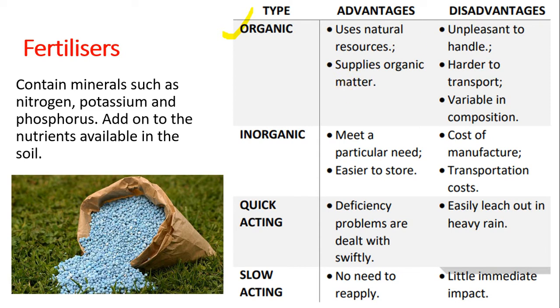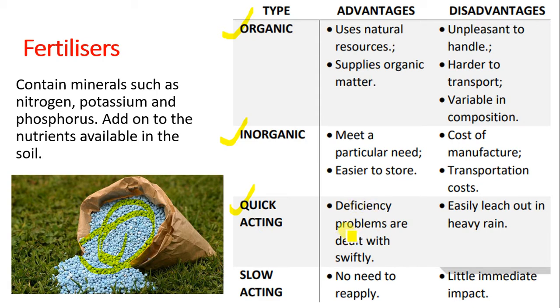That's the advantage. And the disadvantages are that it is usually unpleasant to handle, is harder to transport and variable in composition. While inorganic fertilizers, like the one you have in this diagram here, meet a particular need and are easier to store. Disadvantages are cost of manufacture and transportation cost.